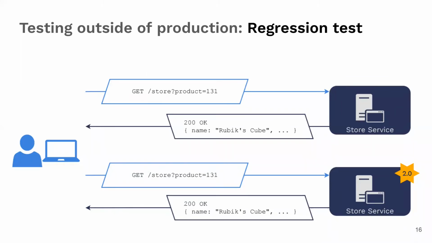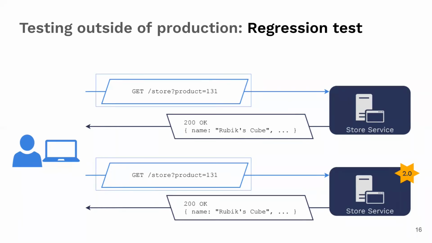Regression tests don't provide full confidence that a new version of a microservice won't introduce incidents into production. There are bugs and performance issues that a regression test won't catch. For example, we haven't confirmed the service can handle spikes in production traffic. This isn't a load test.